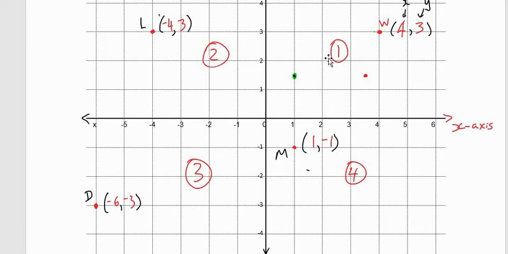For points found in the third quadrant, the x coordinate is negative and the y coordinate is negative. And for points found in the fourth quadrant, the x coordinate is positive and the y coordinate is negative.